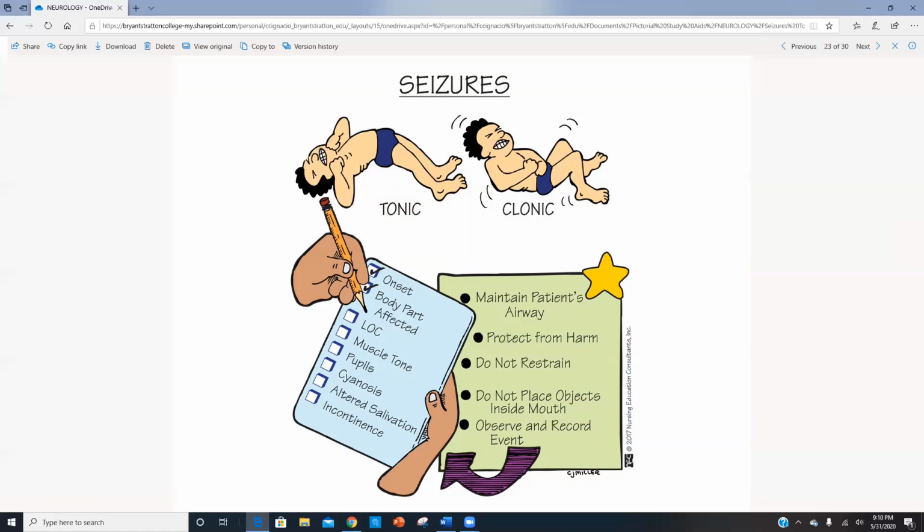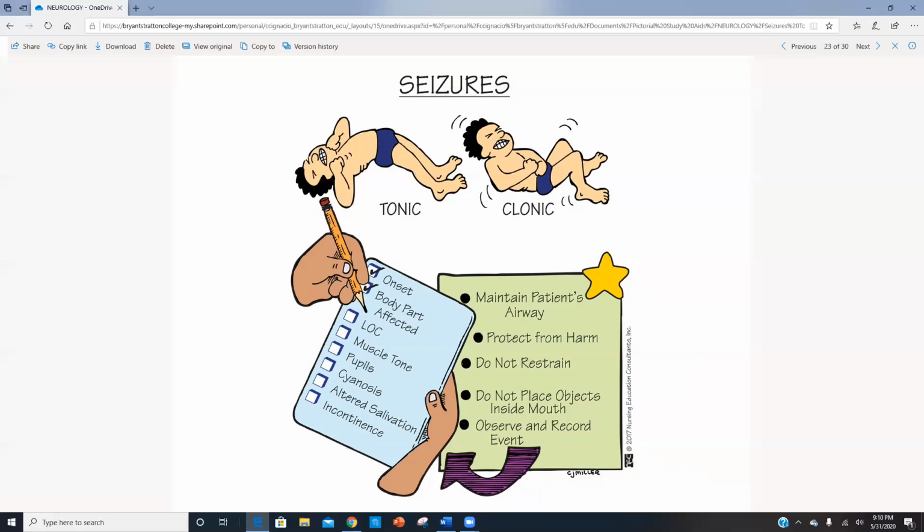those triggers. Status epilepticus is a life-threatening condition characterized by a series of generalized seizures without full recovery of consciousness between the seizures. It may be caused by a sudden withdrawal of anticonvulsant medications and can lead to brain damage or death.